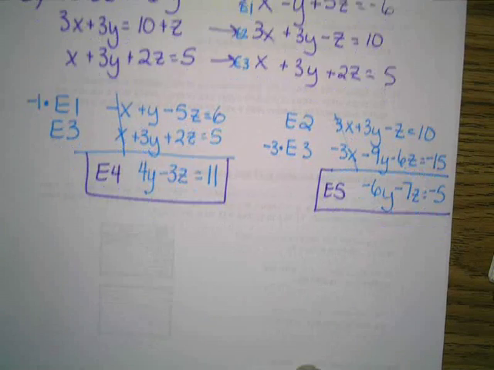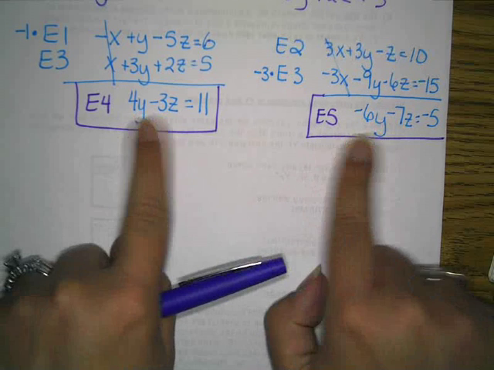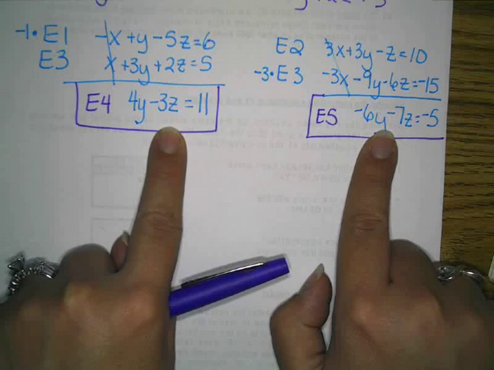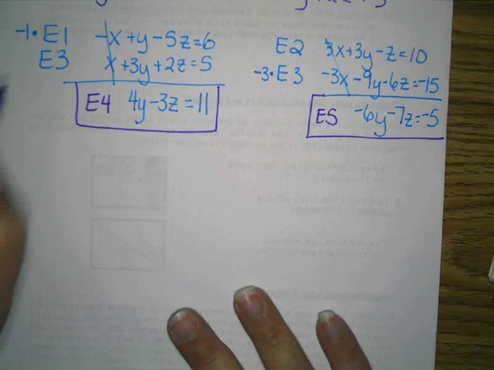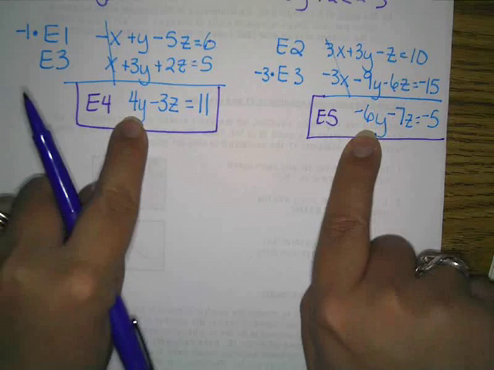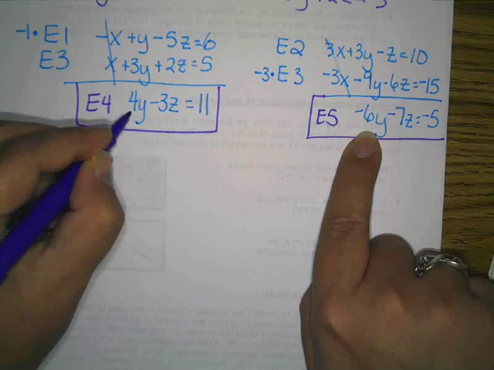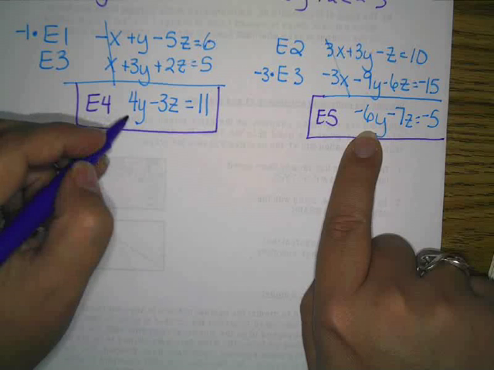And now that I have E4 and E5, and they both have the same variables, I can go ahead and eliminate one of them just like I normally would. So I'm going to eliminate y's. So I'm going to multiply E4, the lowest number I can get them to, or any number.